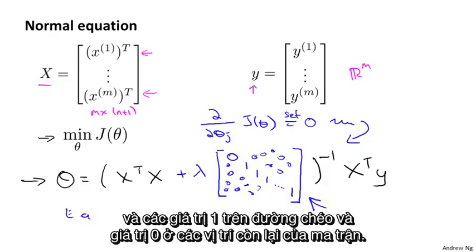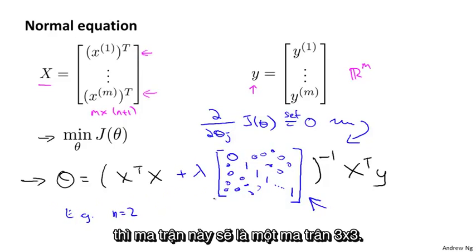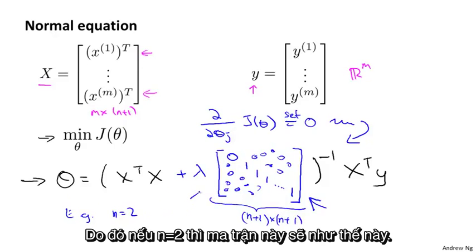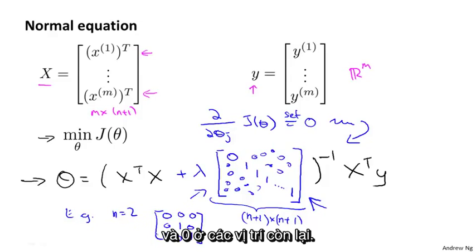But as a concrete example, if n equals 2, then this matrix is going to be a 3 by 3 matrix. More generally, this matrix is an n plus 1 by n plus 1 dimensional matrix. So if n equals 2, then that matrix becomes something that looks like this. It would be 0, and then 1s on the diagonals, and then 0s on the rest of the off diagonals.